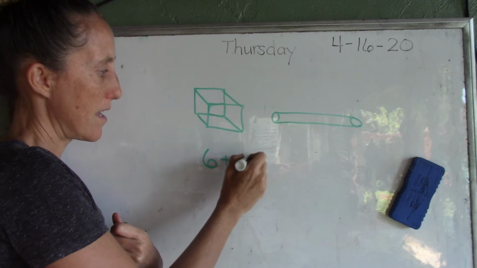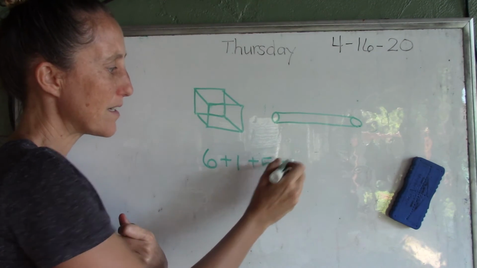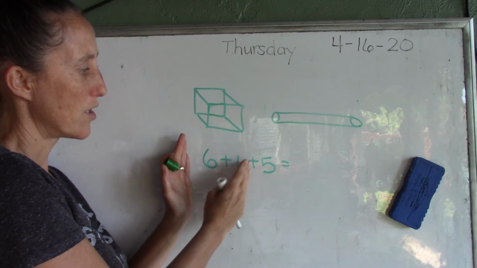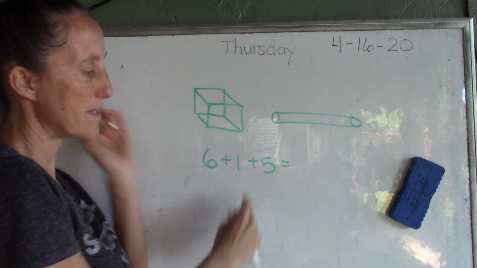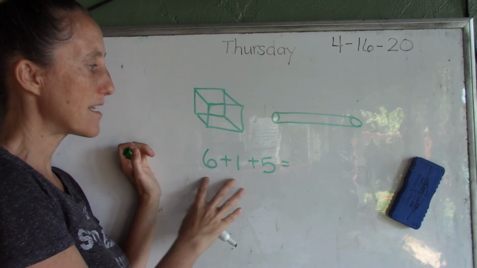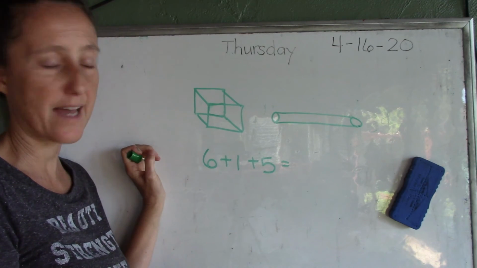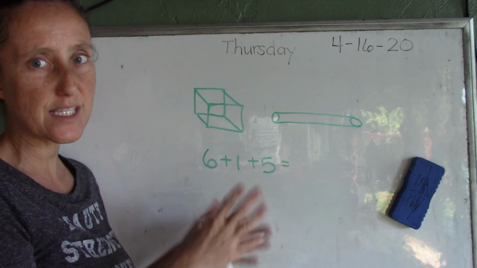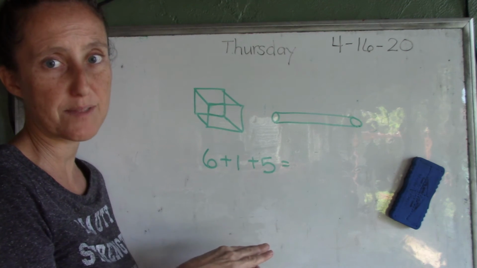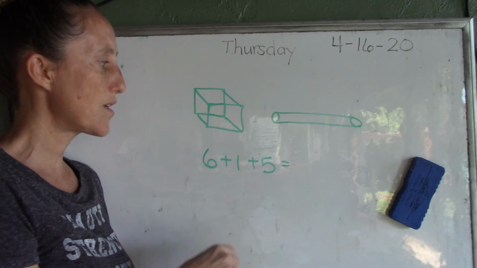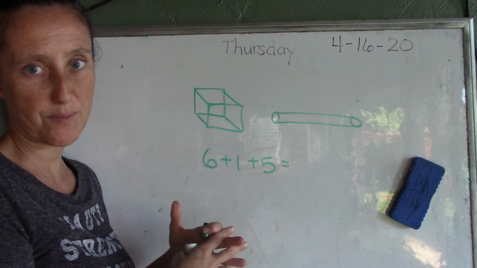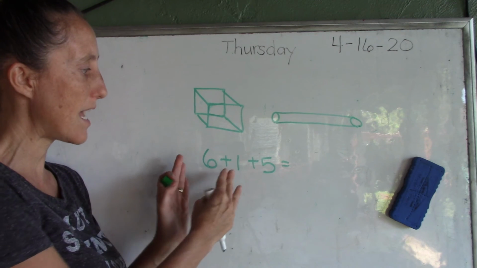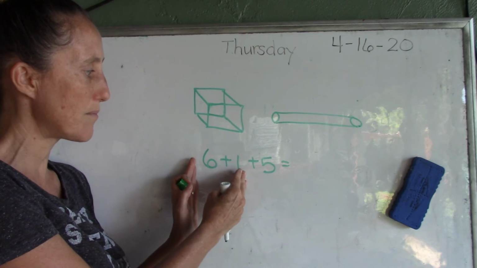All right, now this also. We've been doing a lot of pluses where it's just 6 plus 1 or 1 plus 5. But this one adds in 3 numbers that need to be added together. So what you do is, first of all, you look to see if any 2 numbers add up to 10. And in this one, there aren't 2 numbers that add up to 10. So you just have to add 2 numbers first.